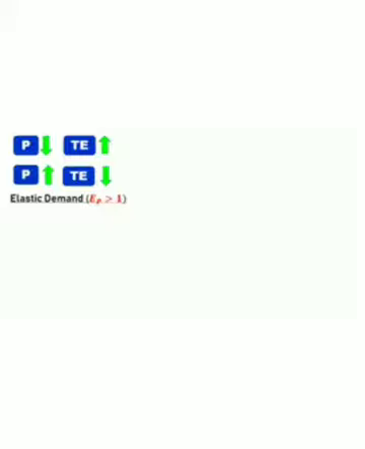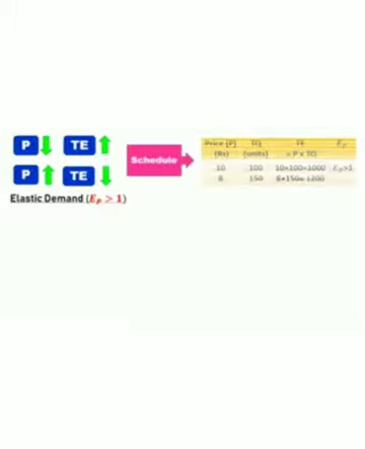It can also be explained numerically with a schedule. In this schedule, we have only shown how total expenditure changes with the fall in price. Here notice that when price is rupees 10, then total quantity purchased is 100 units. That means total expenditure is rupees 1000.